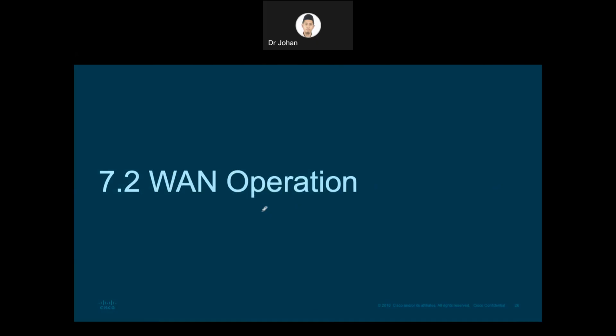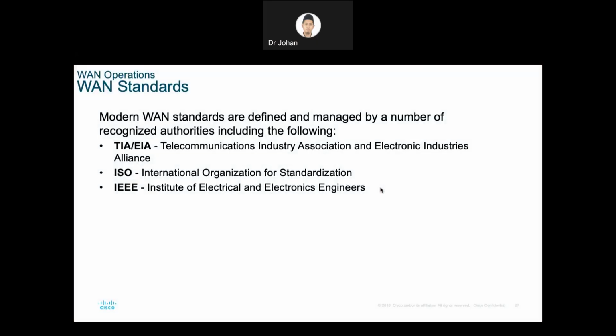WAN operations. Modern WANs are defined and managed by a number of recognized authorities, including the following: TIA or EIA.